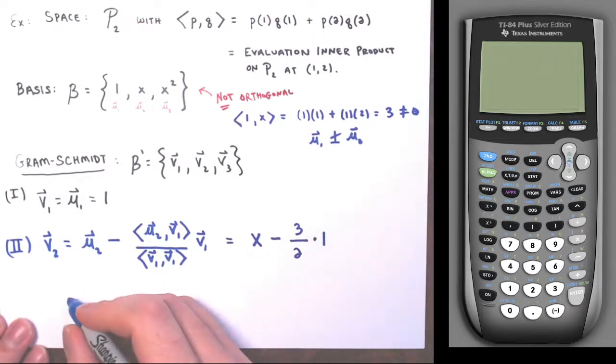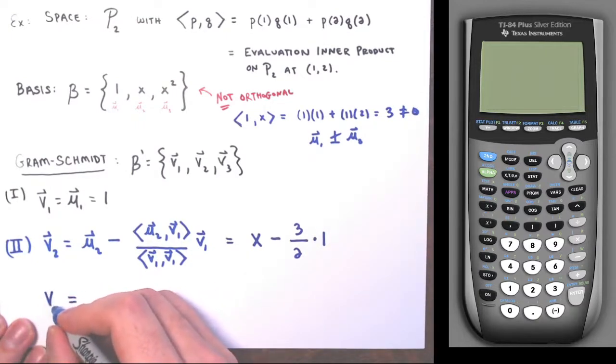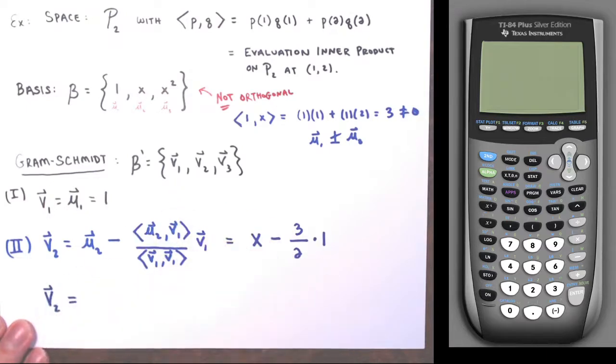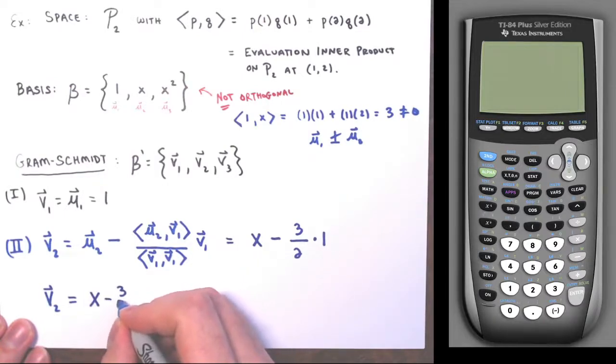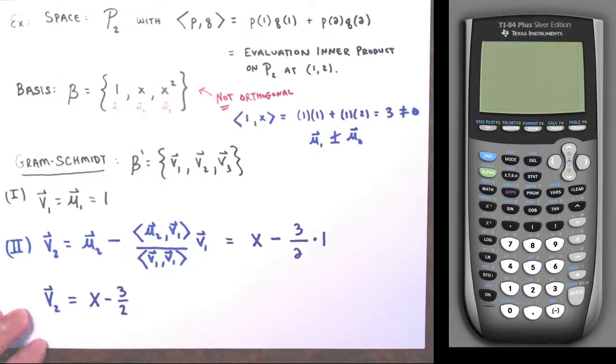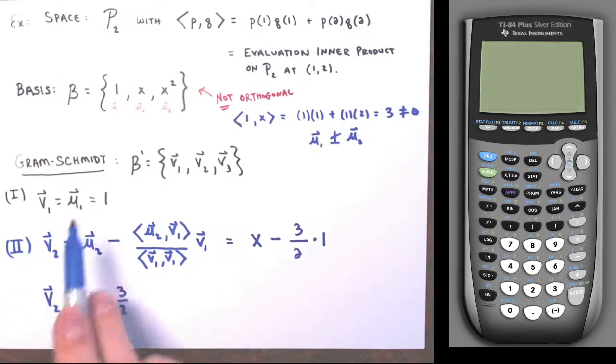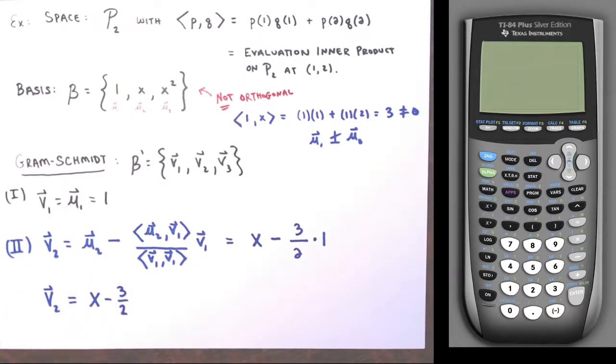So this second polynomial in my orthogonal basis, this v2, is the polynomial x minus 3 halves. So v1 is 1, v2 is x minus 3 halves.